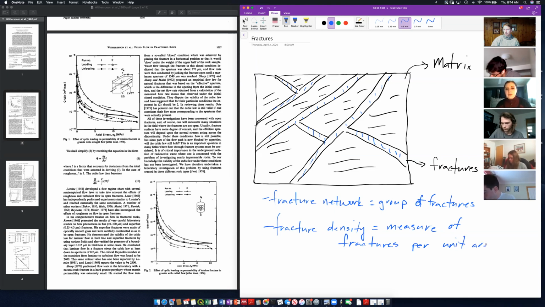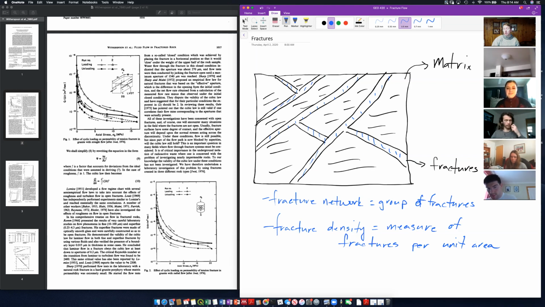Sorry, is it per unit area or volume? Good question. Generally, we're going to start off right now assuming it's per unit area, because some assumptions we have to make is that these things move in and out of the board infinitely. And this is how we're going to measure it.